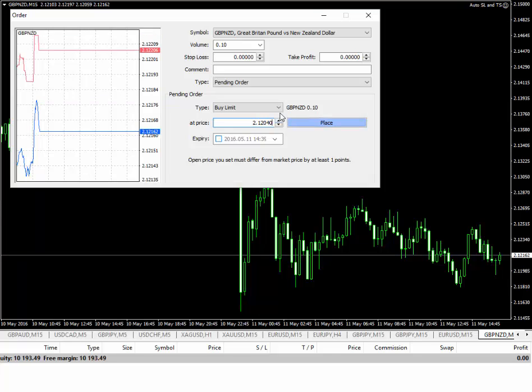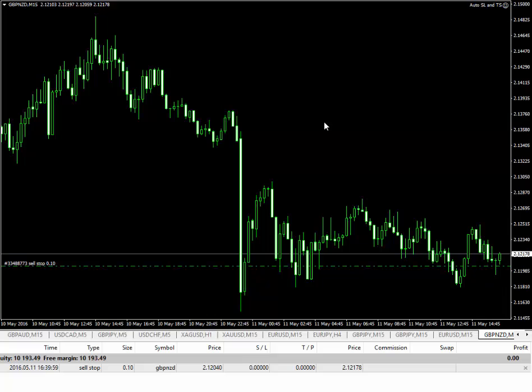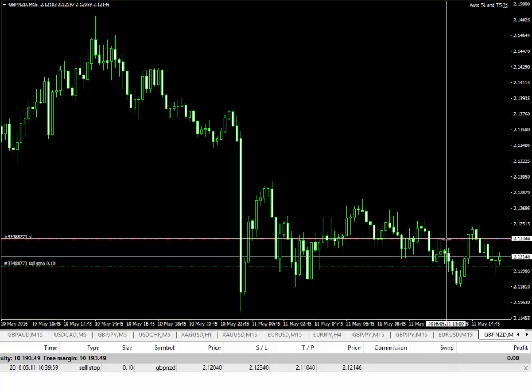Okay, and it is a sell, so it's a sell stop, and it's one mini lot. You click place, there it is. Now here your pending order has been placed, and the robot has immediately placed the stop loss at about 30 pips. Let's see, yes, it is 30 pips.